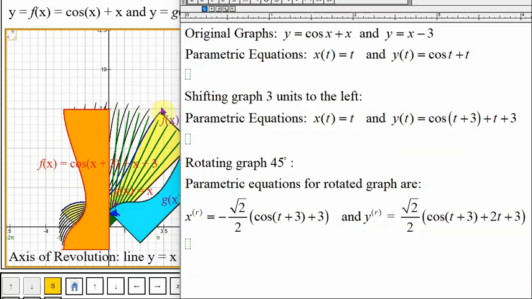And so once again, the original graph right here, the parametric equations are x equal to t, y equal to cosine of t plus t. And then this graph right here, the parametric equations are x equal to t, y equal to cosine of t plus 3 plus t plus 3.